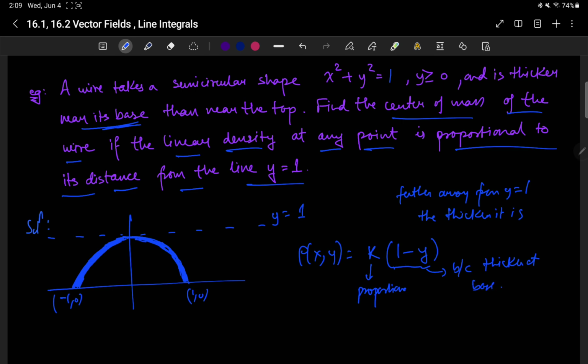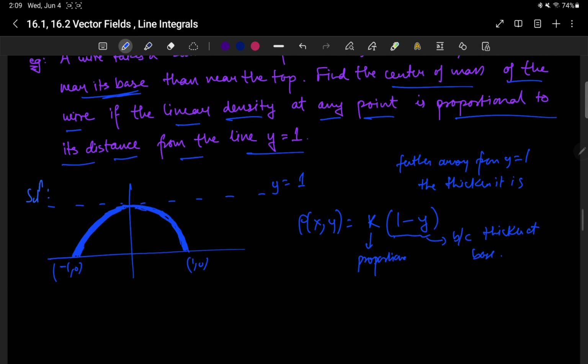Because if you do k times y, then it would be thicker closer to the top, right? So we have k times 1 minus y. So when y equals 1, the density is 0, so it's the thinnest. And when y equals 0, which is at the base, the density is highest, at the value of k.